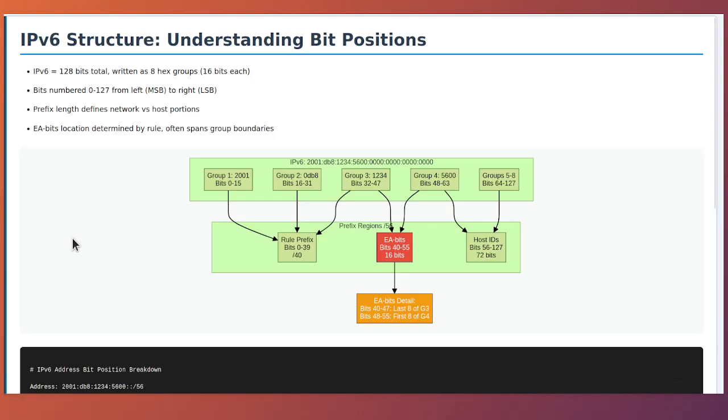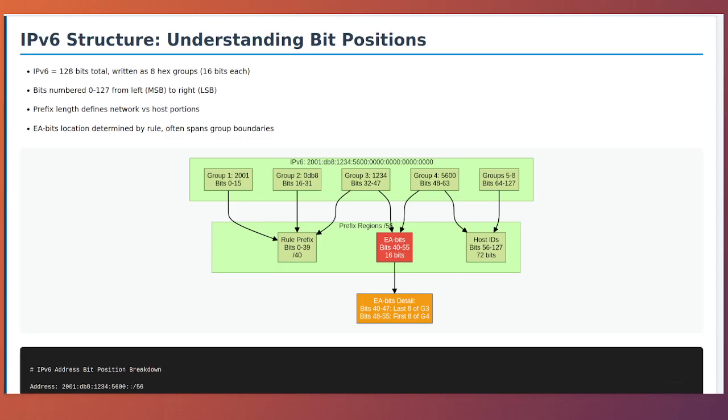For example, 2001:0DB8:1234:5600:0000:0000:0000:0000. Each of those 4-digit hexadecimal groups represents exactly 16 bits, because each hexadecimal digit represents 4 bits.